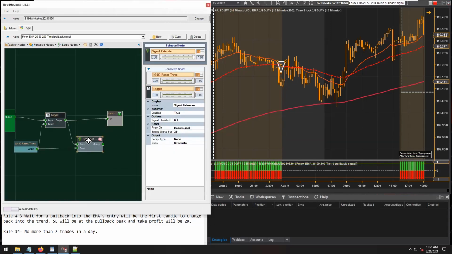And I was trying to take the easiest solution here, which is to take the toggle node and just extend it.